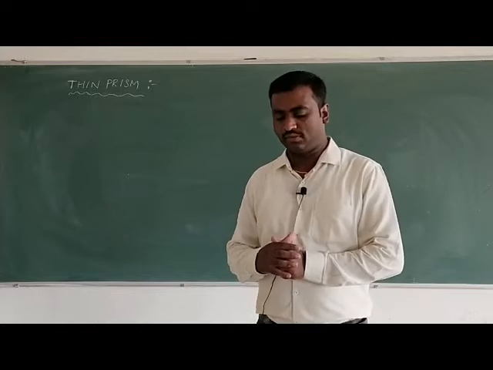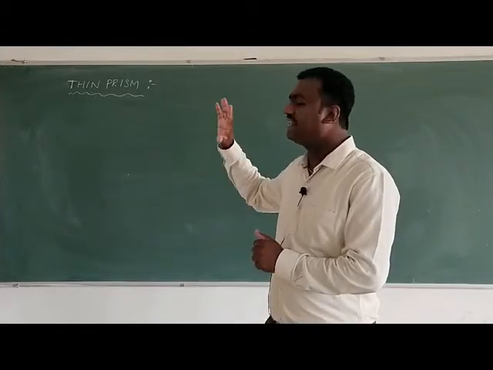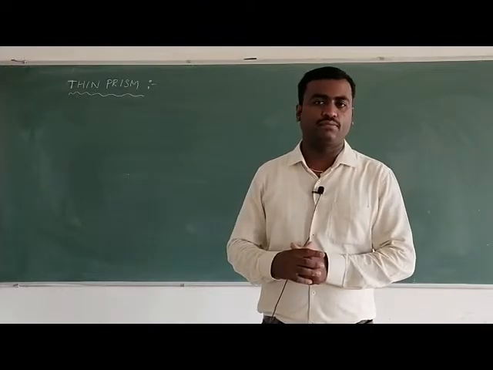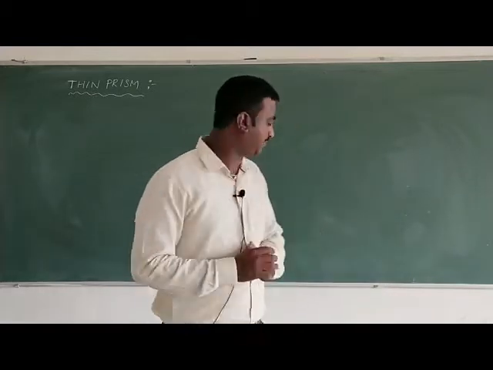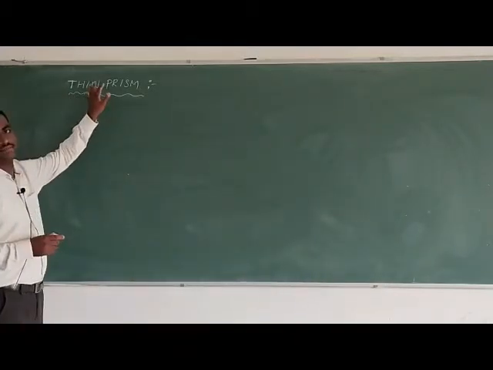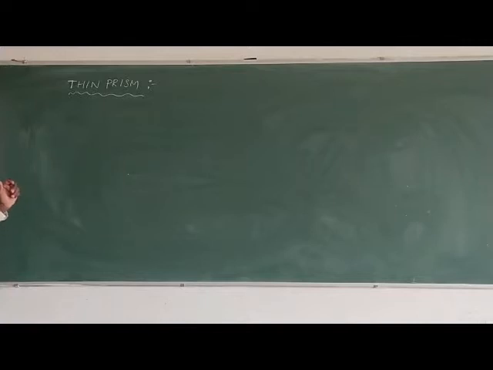Okay, so before going to discuss that, here we have the thin prism. What is this thin prism? The name itself says thin prism. Thin means, in the sense of size, it is small in size.